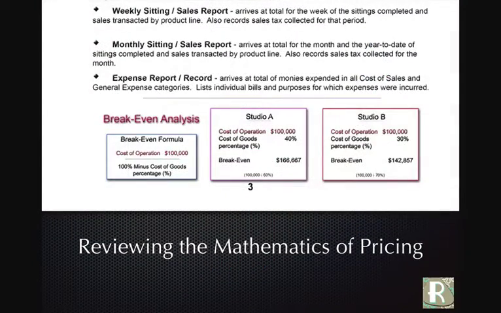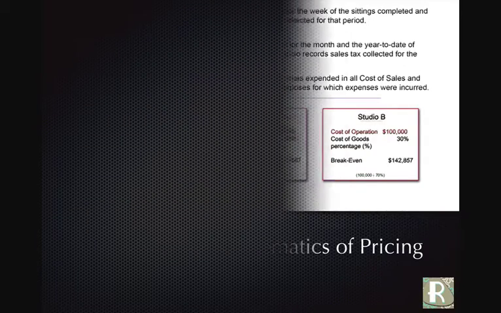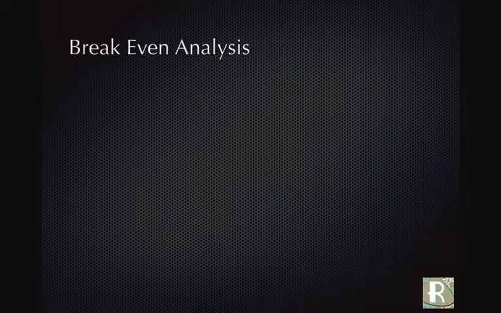We know that from our equation, we're going to have to figure out what our break-even analysis is for our particular business. So on page 3 of my business practices, you'll be able to notice that I figured out what our break-even analysis is for each of those. So let's figure it out for our specific business.